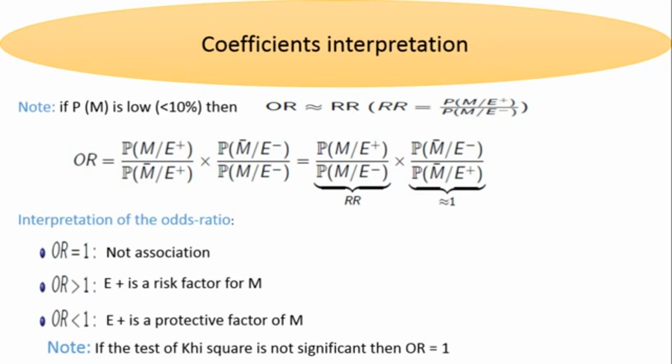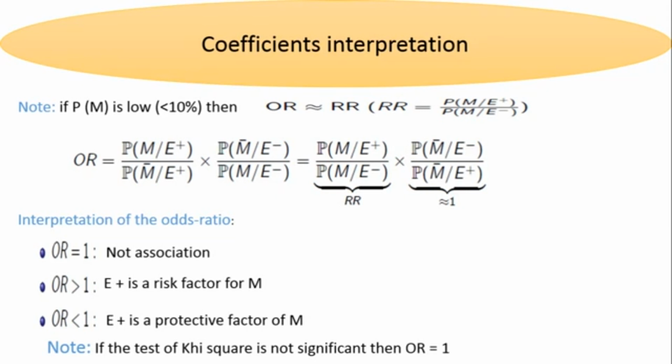When the odds ratio is equal to 1, you can suppose that there is no association between our disease and the exposure. When the odds ratio is more than 1, we suppose that exposure is a risk factor for the disease.